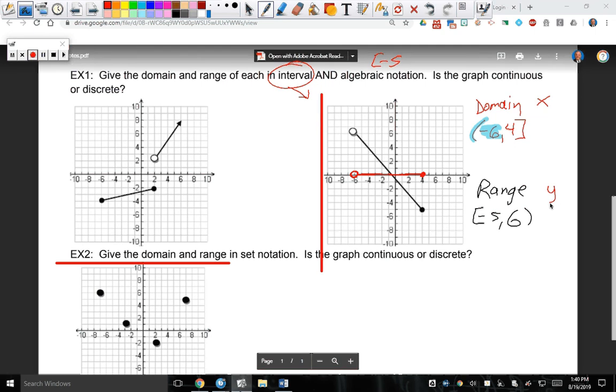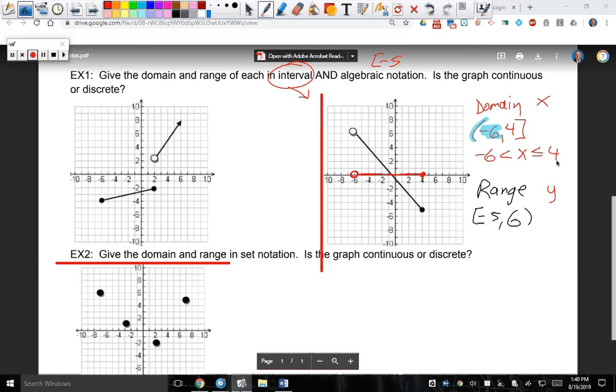We're doing the domain real quick. -6 is less than x, which is less than or equal to 4. Perfect. So the way I want you to read this is -6 is less than x, which is less than or equal to 4.